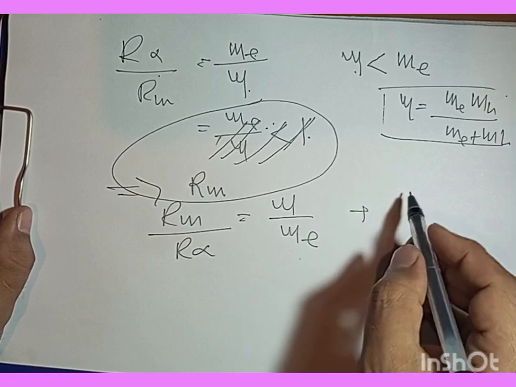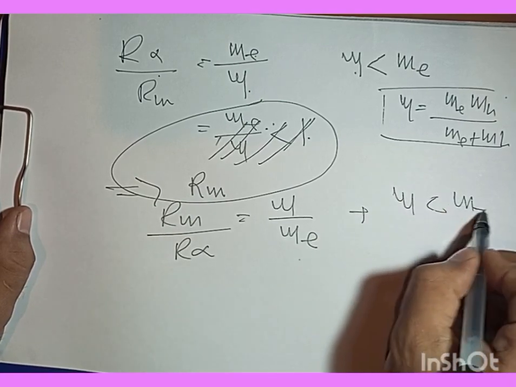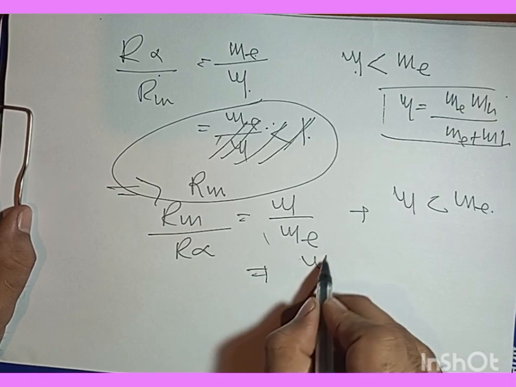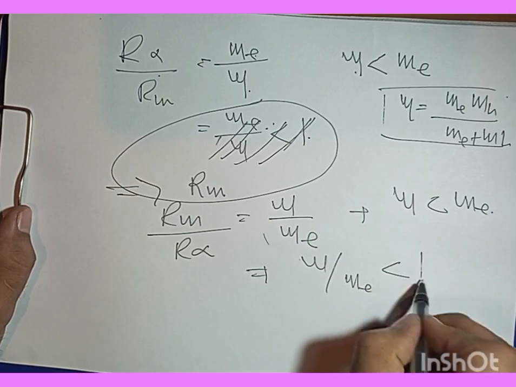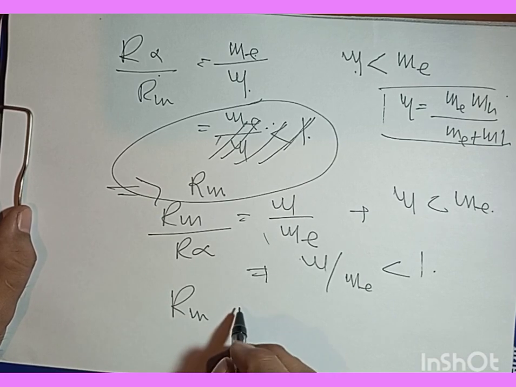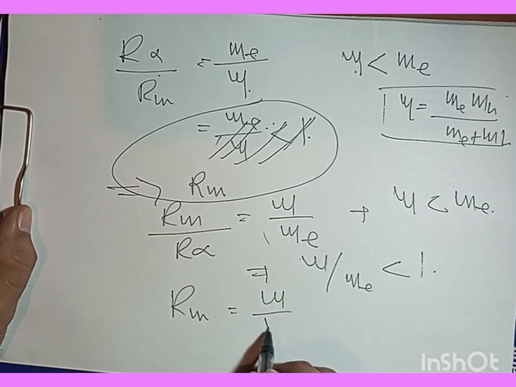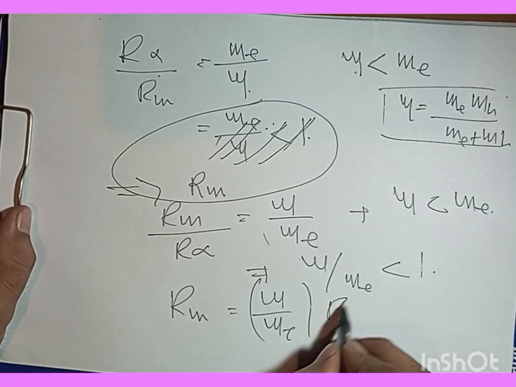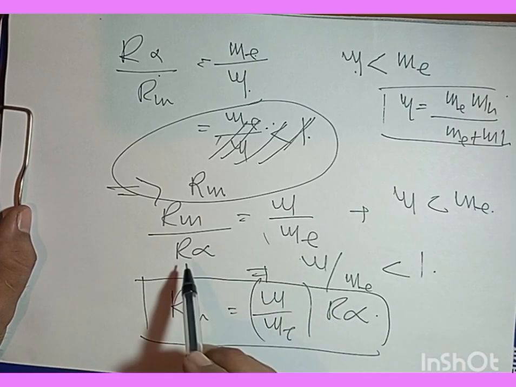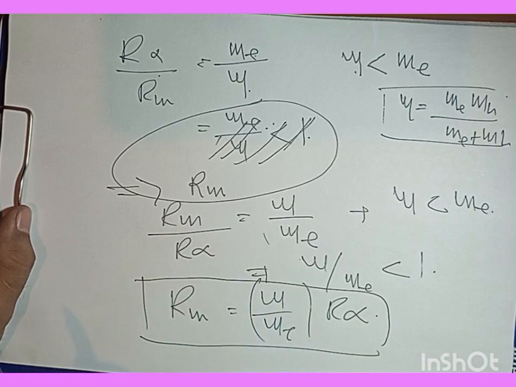Now, using this condition that mu is less than me, this is going to be less than 1. So this implies mu by mu e is less than 1. Now, if this is less than 1, that means Rm is mu by mu e times R infinity. So what we understand here is that R infinity is the maximum value for the Rydberg constant.